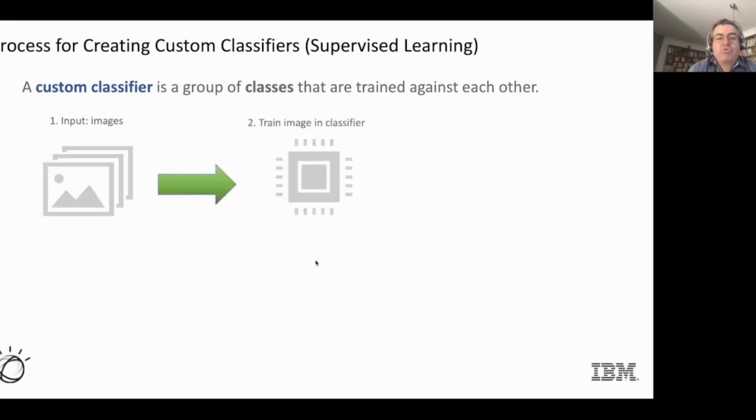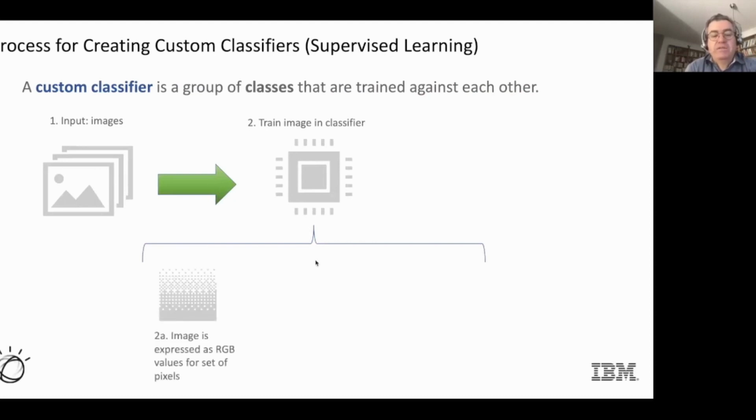You will train the classifier, so you will send the images as source to the classifier, and there are several technical steps, I would say. The first step is that the image will be expressed as RGB values for a set of pixels. So in fact, it's no longer an image, it's an array, a matrix that describes what's in the pixels of the image.